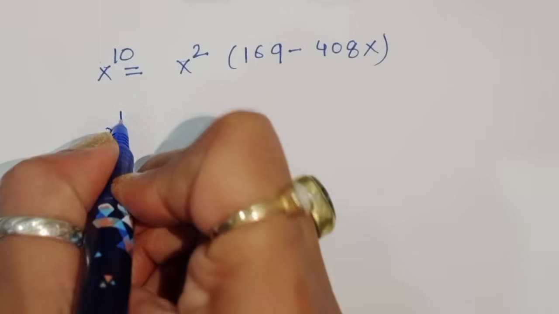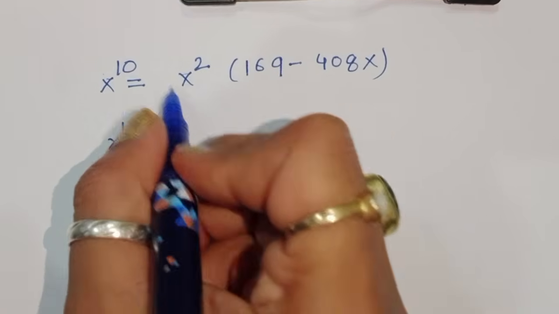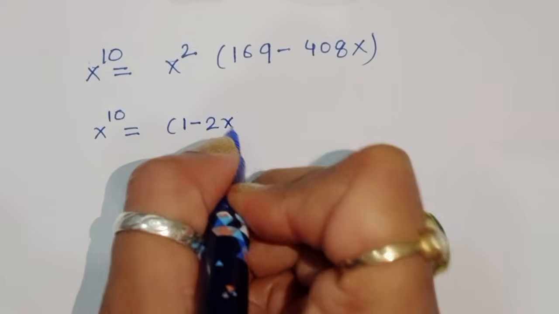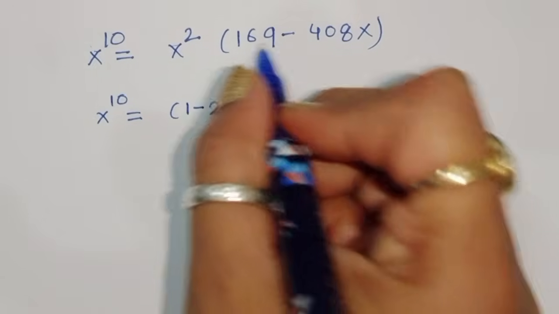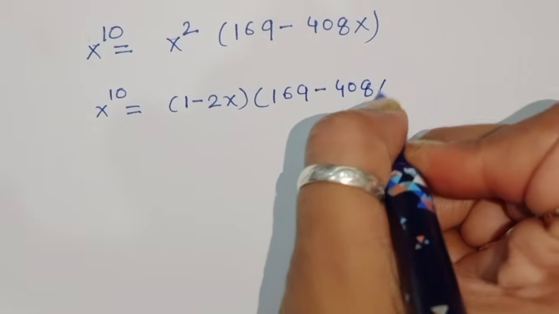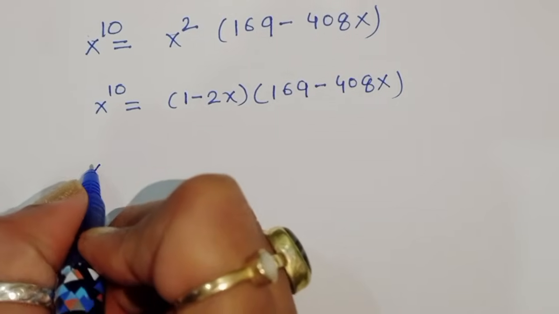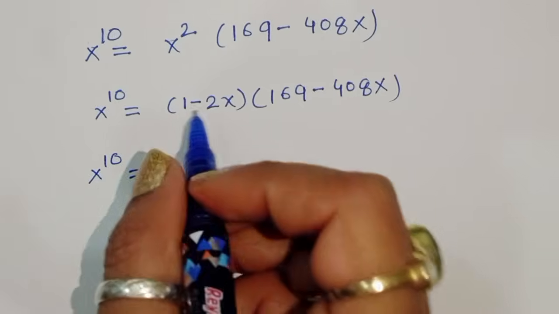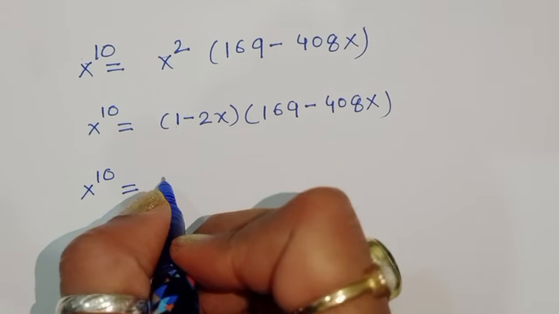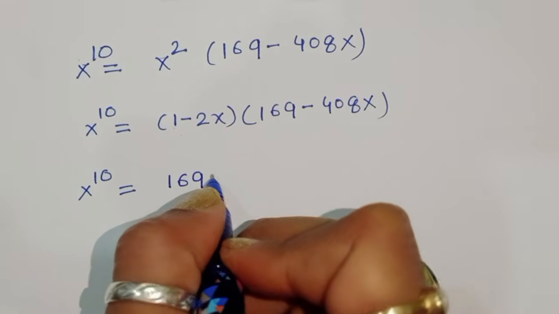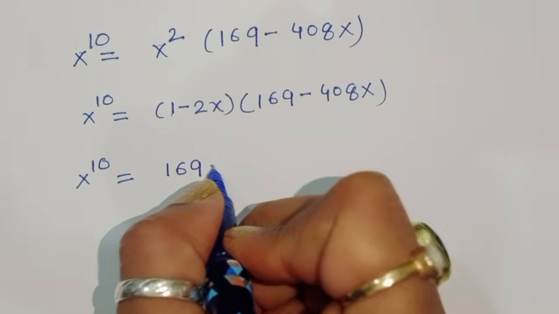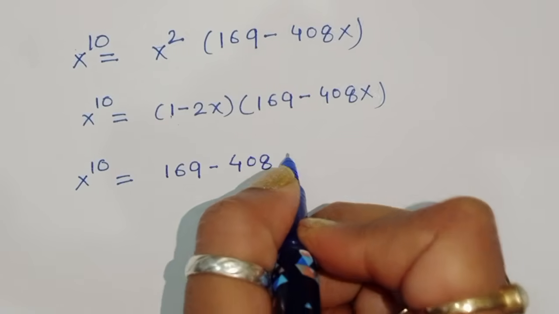Now x power 10 is equal to the value of x square, that is 1 minus 2x, so (1 minus 2x) times (169 minus 408x), right? Now we have to multiply here, so 1 times 169 will become 169, and 1 times 408x will become minus 408x.